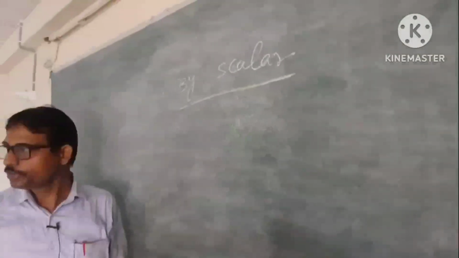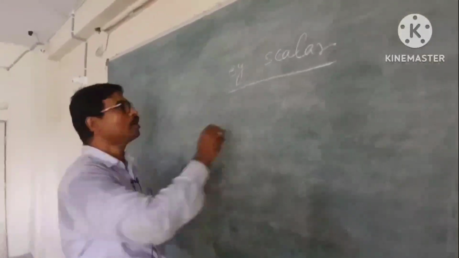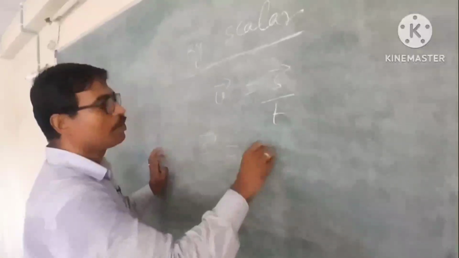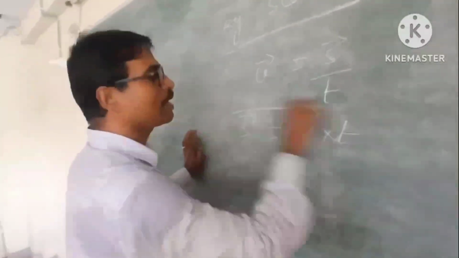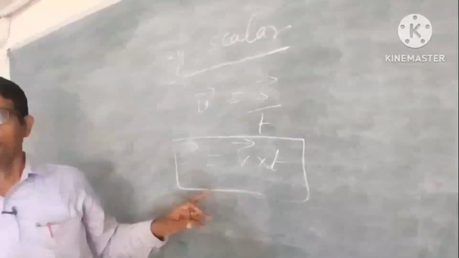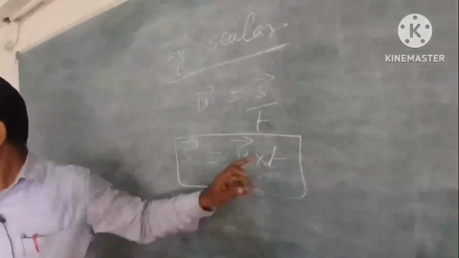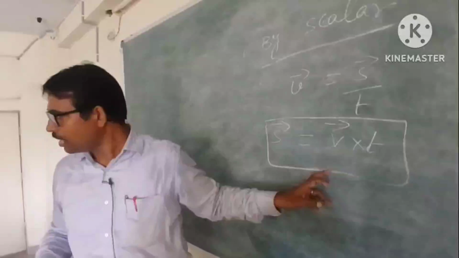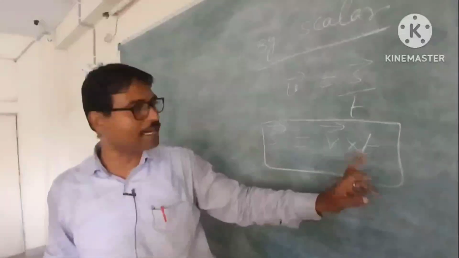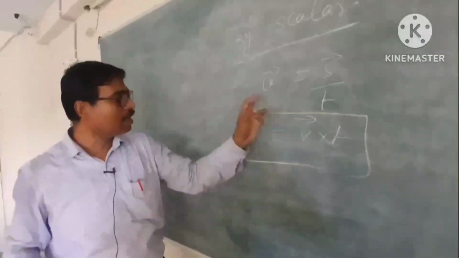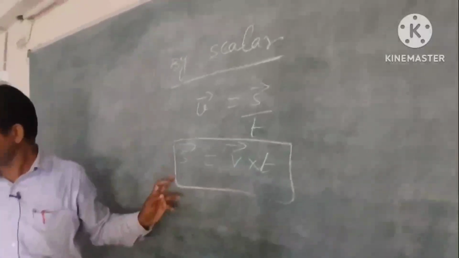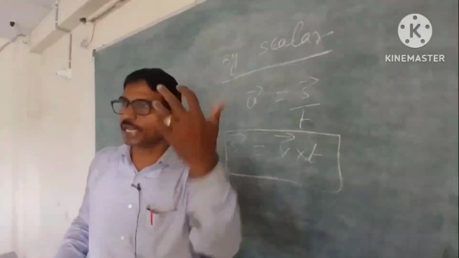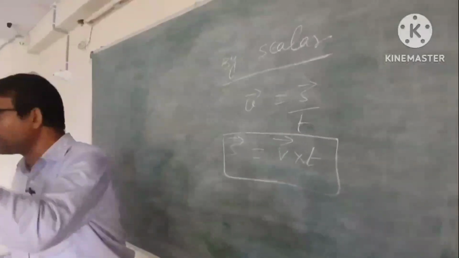A better example: velocity is equal to displacement by time, so displacement equals v into t. When a vector quantity, that is v, is multiplied by a scalar quantity, that is time, you get a new vector, that is the displacement. That means when a vector is multiplied by a scalar, you get a new vector quantity.